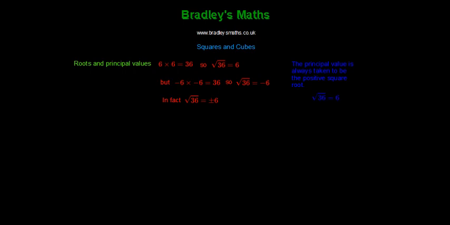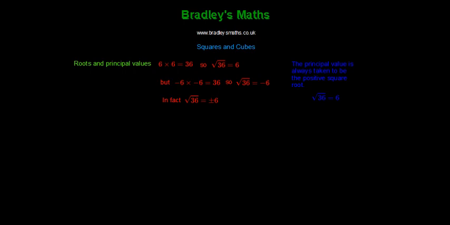The principal value of root 36 then is 6. It depends on the question. In number work, generally you are looking for the principal value of the square root. In algebra, it might well be different, but we'll talk about that in the algebra section.